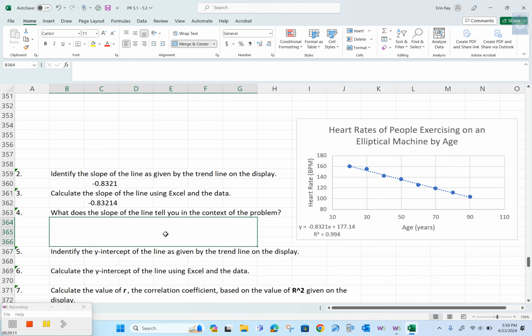What does it tell us in context? This is good practice. Again, it's this number per 1. This number for our Y is talking about heart rate, and it's per 1 year for this one.